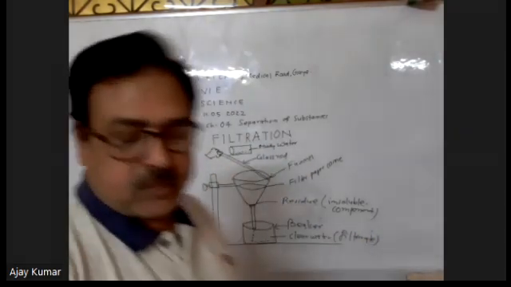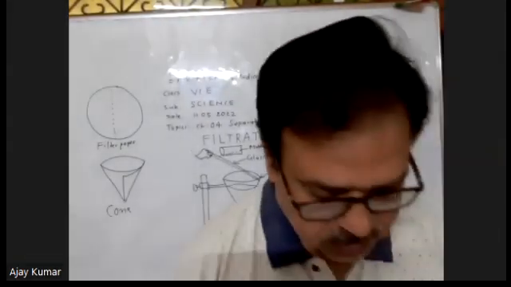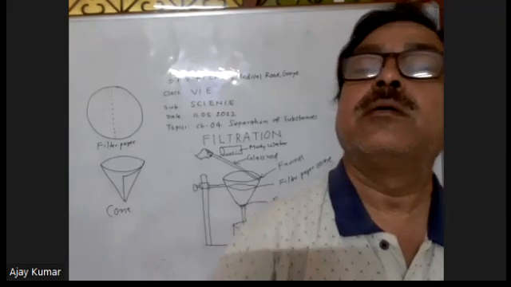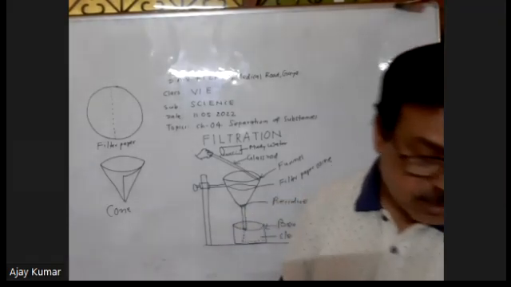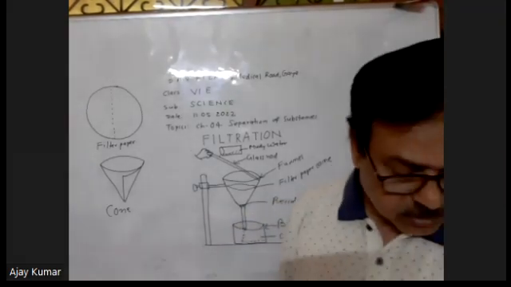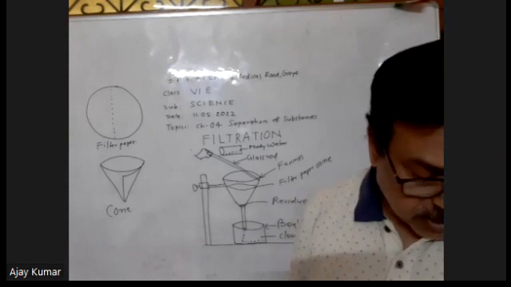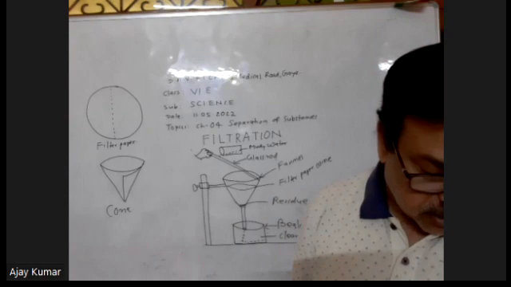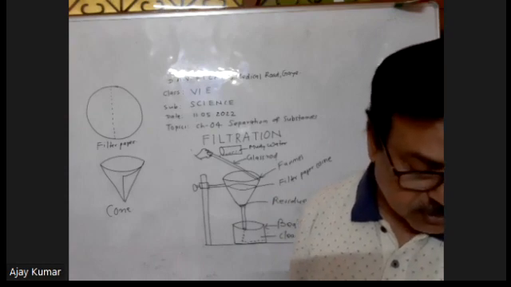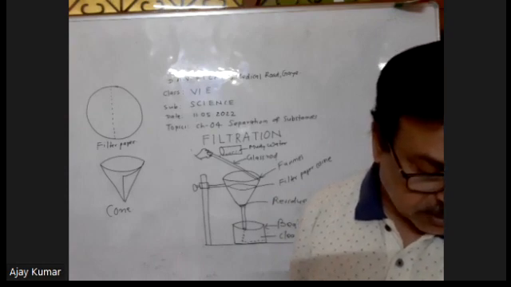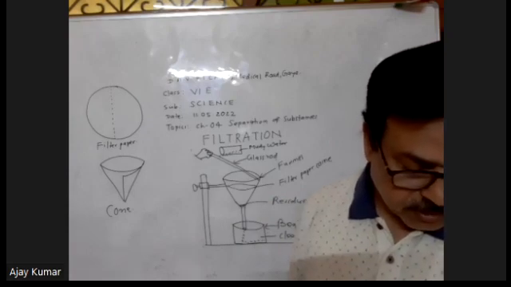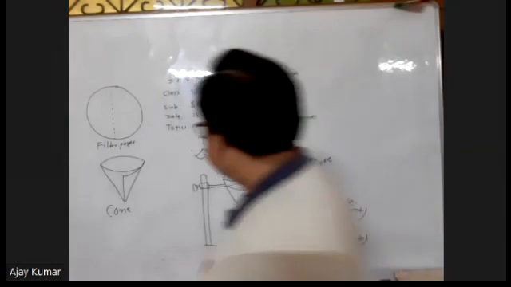So you see in the diagram, the cone with some water, wet filter paper will now stick to the walls of the funnel. This funnel is placed on the funnel stand.